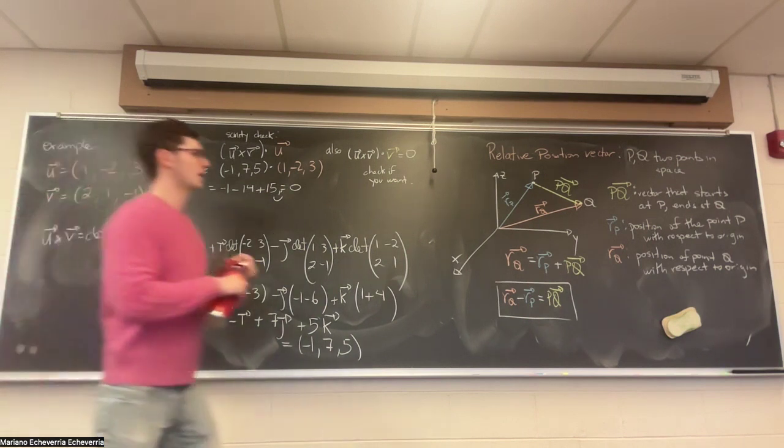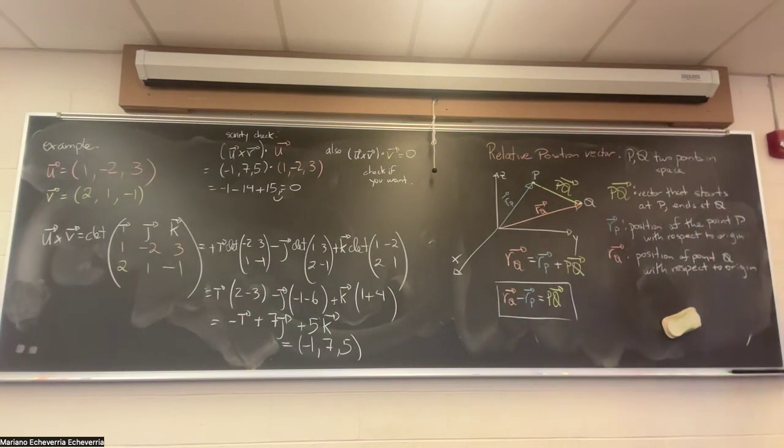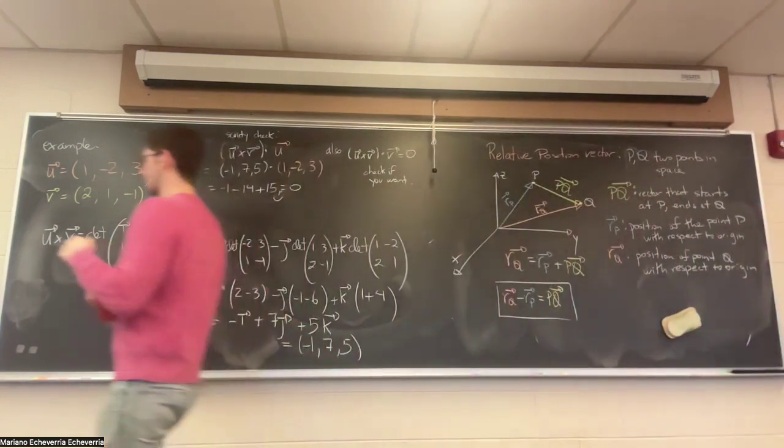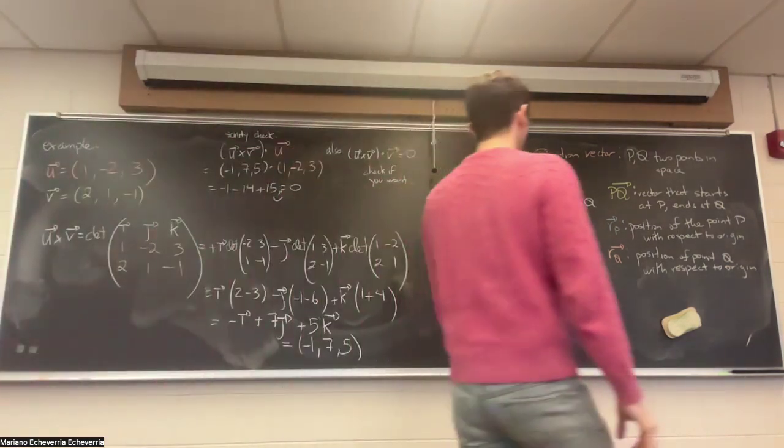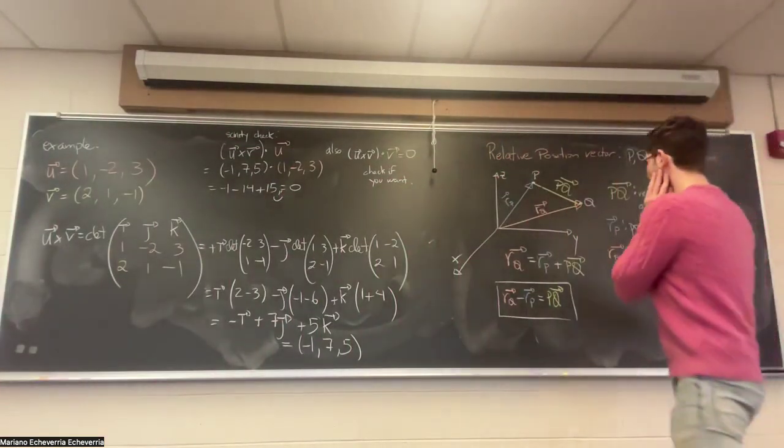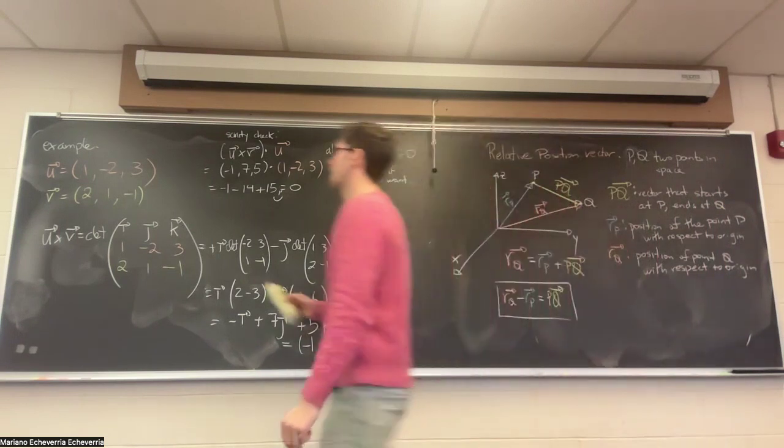I'll do an example about finding this vector in a second. I'm going to first give you the equation of the line, because it makes more sense to see that as a direct application. So why is this a useful thing? Let's go back to lines.